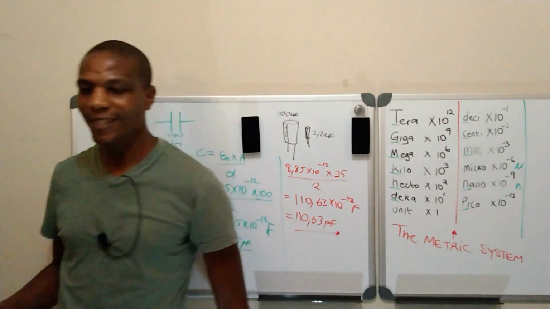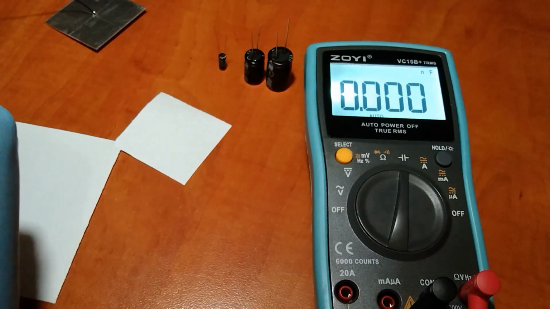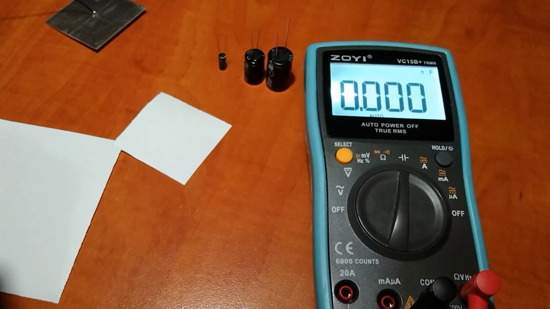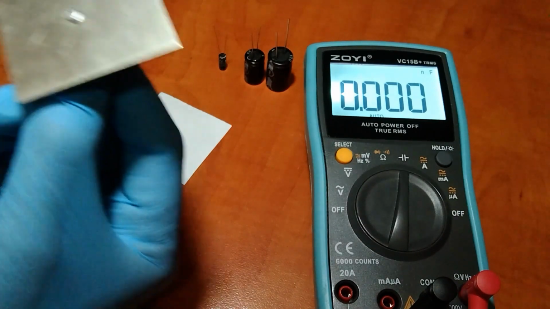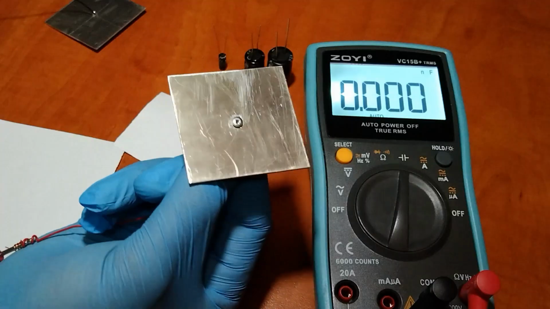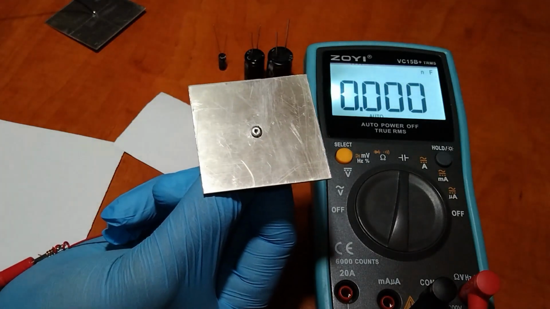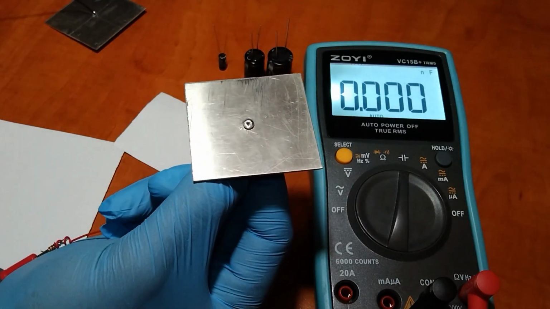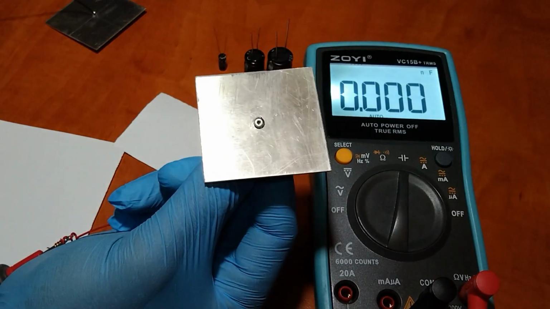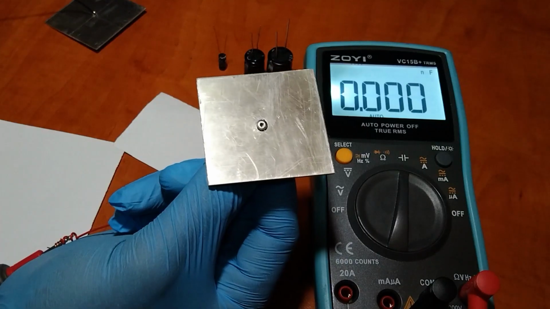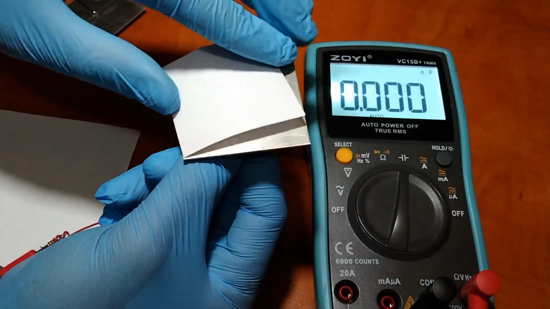Let's go to the workbench. Now I have two different sizes of plates that will resemble a capacitor. You'll see that the bigger the plates, the bigger the capacitance. This one is 50 by 50 millimeters. Let's see how much capacitance we'll get.